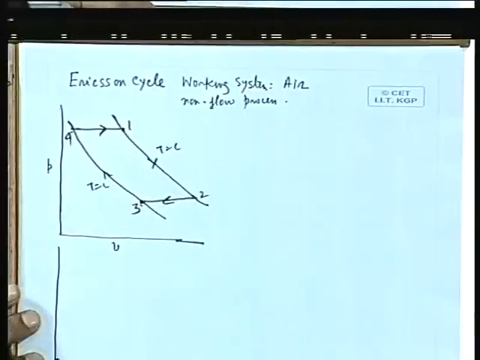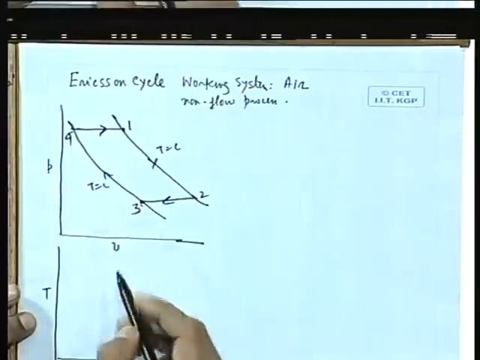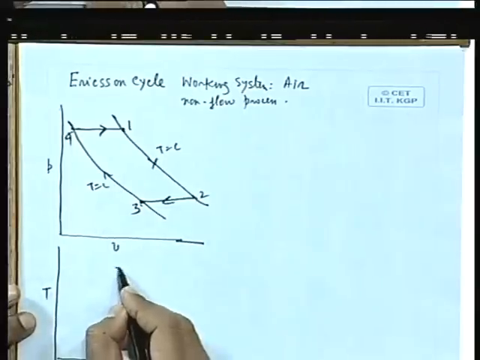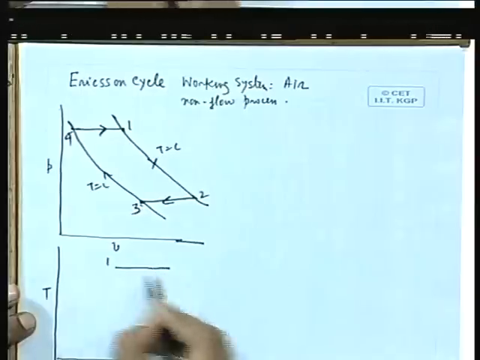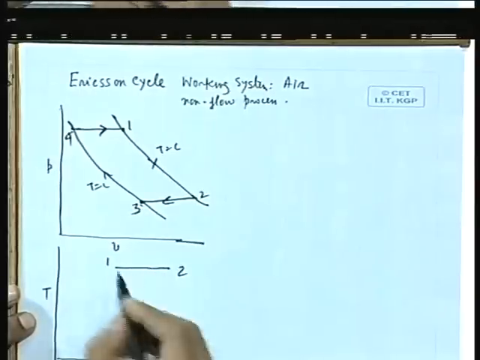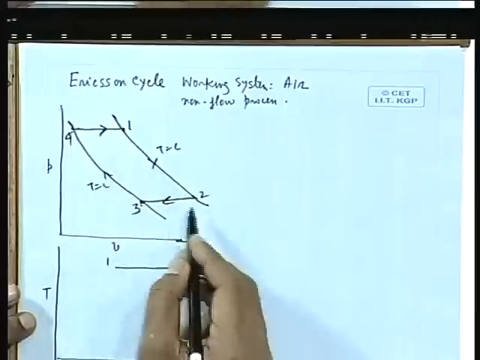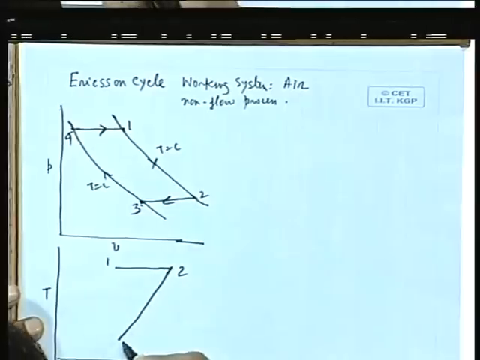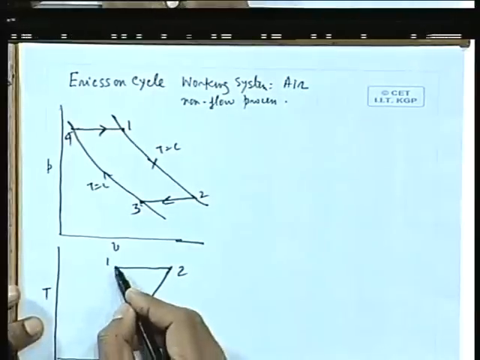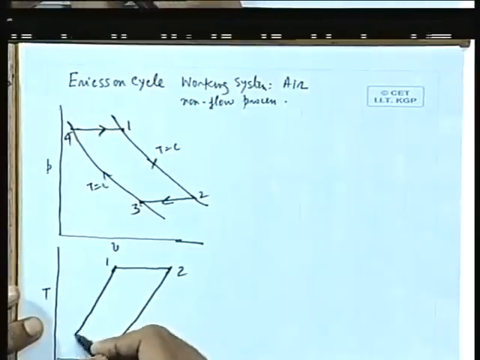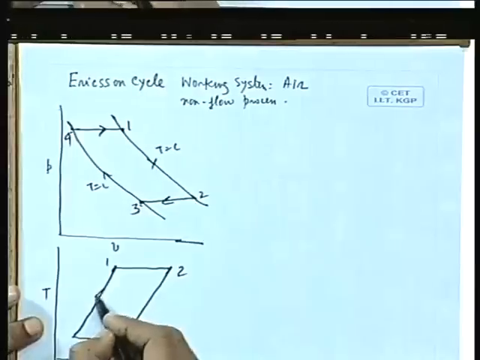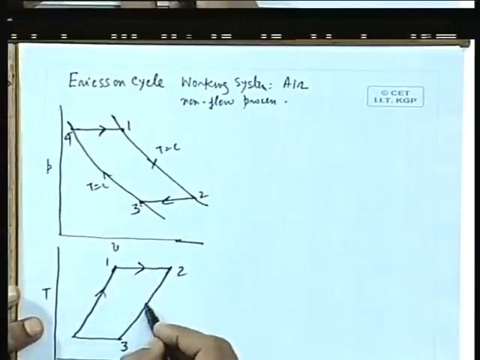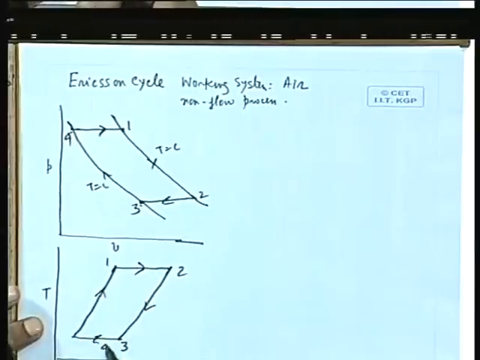Similarly, if you draw this in the TS diagram, you will get this 1, 2 process, and then 2, 3 is the constant pressure process. A constant pressure process is a relatively flat curve compared to the constant volume process. Then 3, 4, and 4, 1.